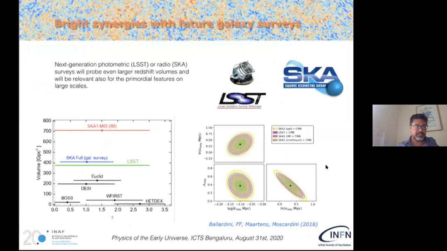If one considers the next generation of photometric or radio surveys, which probe a larger redshift volume, then these surveys could even be relevant for the local model, which aims at explaining such large features at very large scales, such as L equal 20.